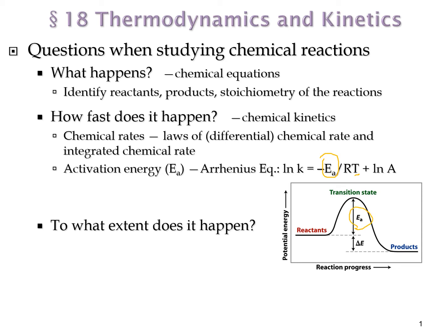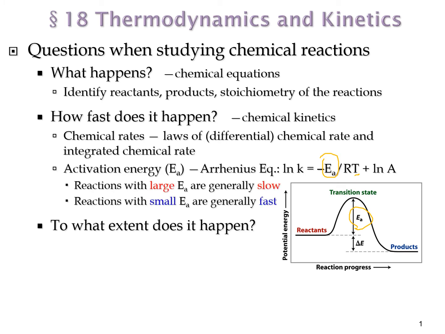Now we understand for any chemical reaction that takes place, there must be an energy barrier for the reaction to overcome or pass through. Depending on how high the activation energy is, the reaction becomes slow or fast. Of course, the smaller the Ea, the faster the reaction can go.